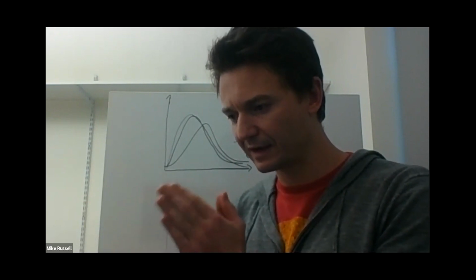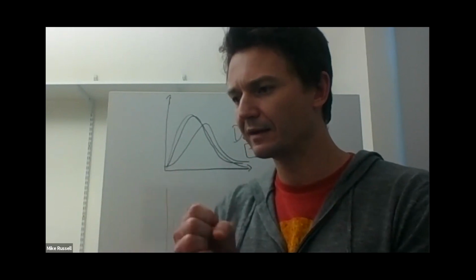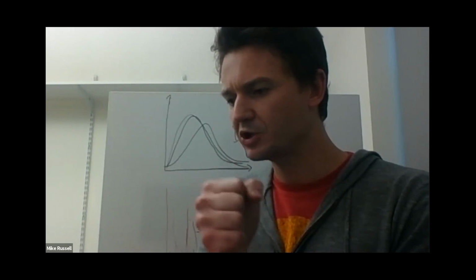So for example, if we took the effect of negative affect at the between person level, and we compared it to the effect of negative affect at the within person level, the difference that we get is telling us the effect of being a high NA person adjusting for your high NA moments, right?